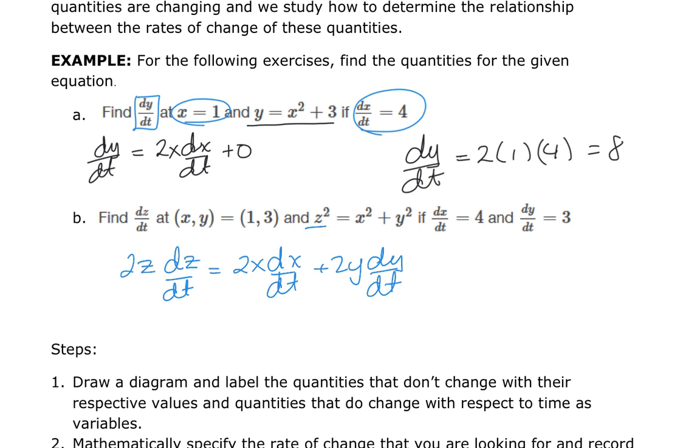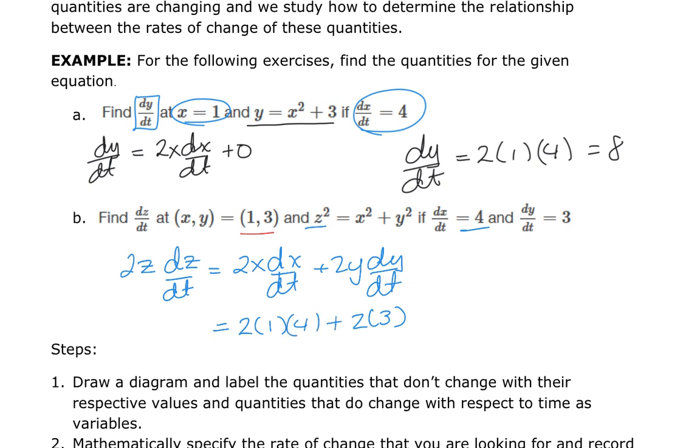Now, what am I asked to find? Find dz dt. I have an x and y value, so wherever I see x, I can replace it with 1, and wherever I see y, I can replace it with 3. They're also telling me what dx dt is, that's a replacement of 4.